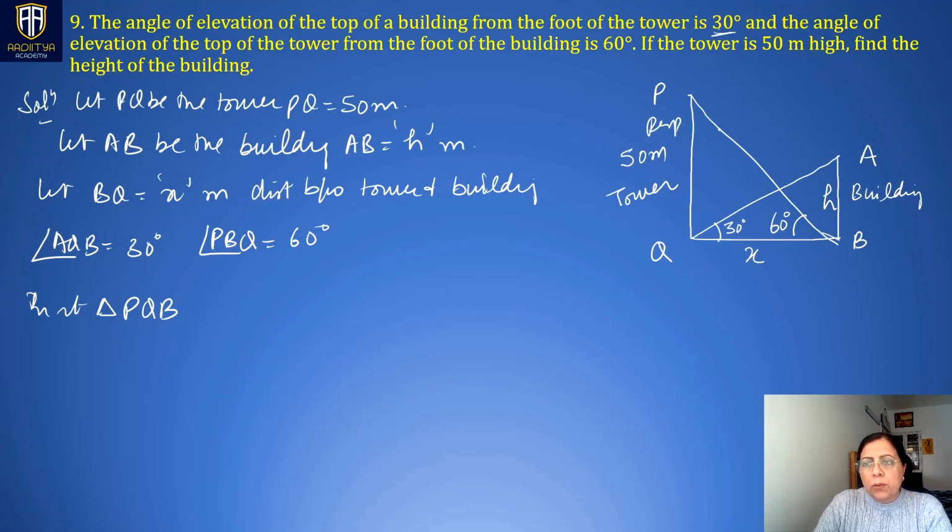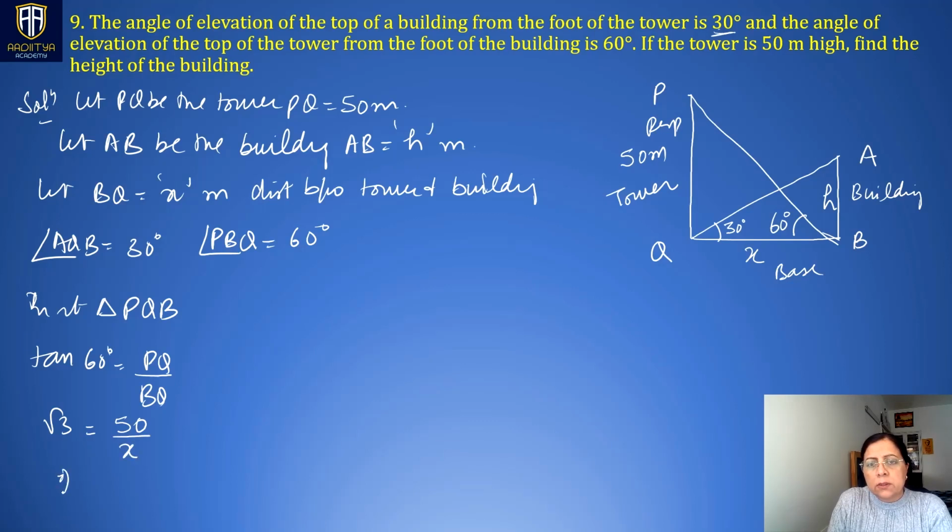There is no hypotenuse involved in both the triangles. So perpendicular and base gives us tan. So we have tan of 60 degree is PQ upon BQ. Root 3 is, PQ is 50 meters and BQ we have x. So we can write x as 50 divided by root 3 meters, right?